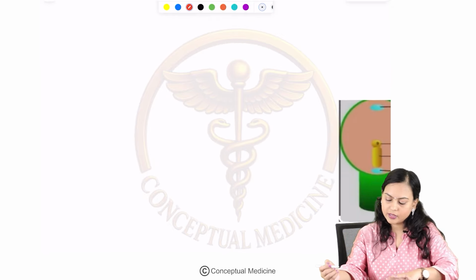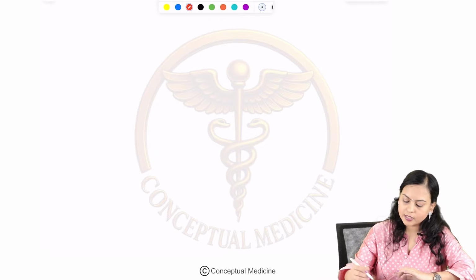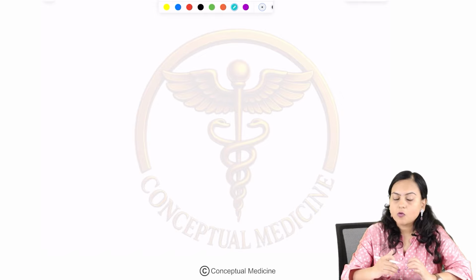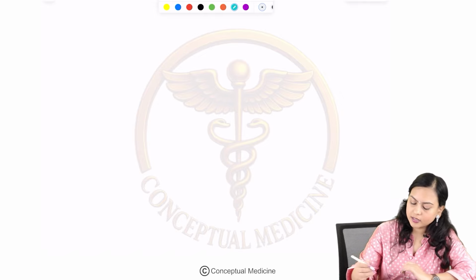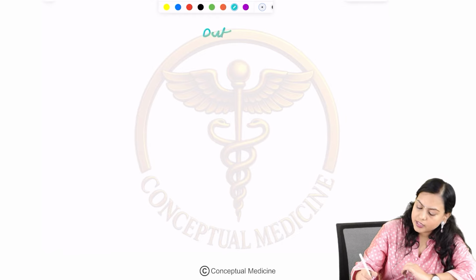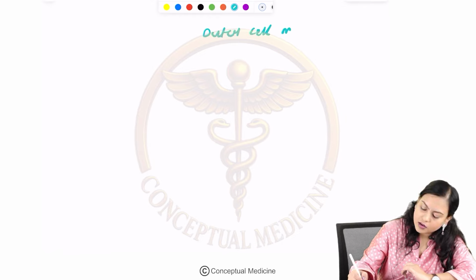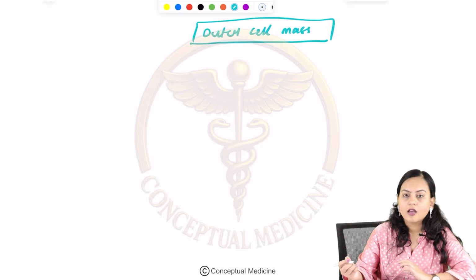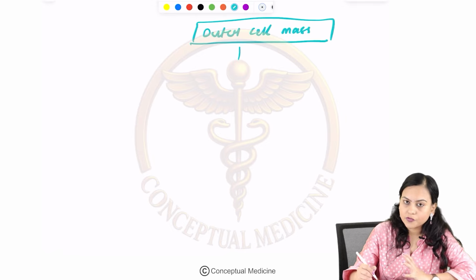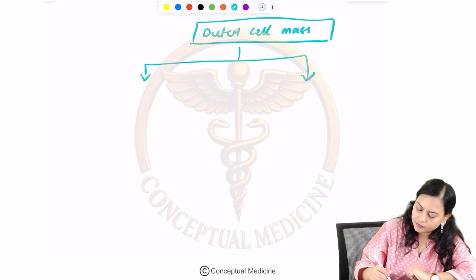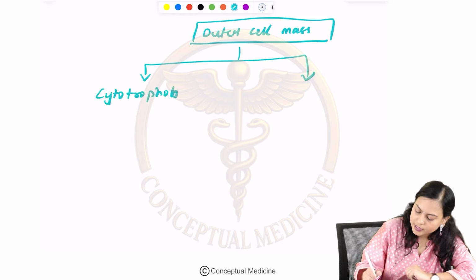Understood? Yes. Now, what we are going to see, so this is what happens with the inner cell mass. Now, what we are going to see is the changes that are taking place with the outer cell mass. In the outer cell mass, we have two different types of cells. Number one is the cytotrophoblast.